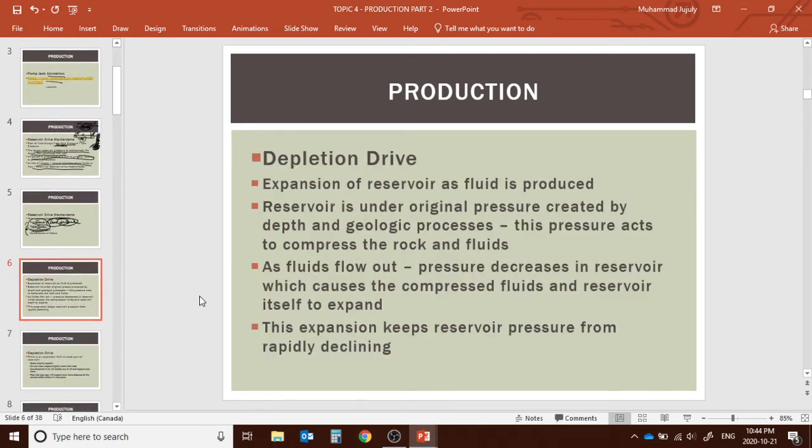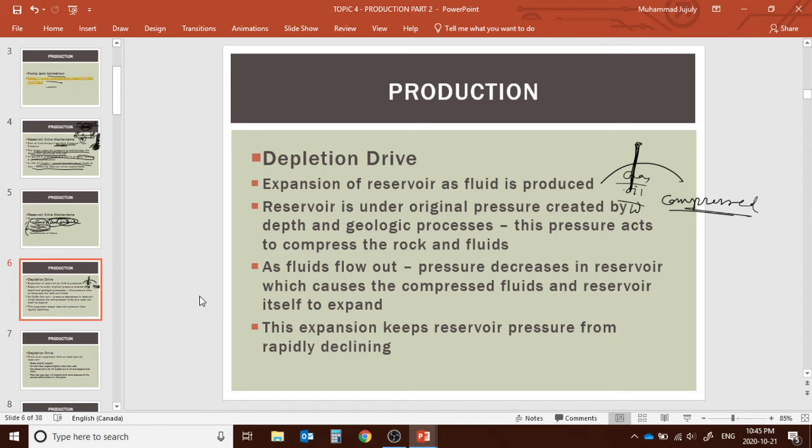So let's talk about the depletion drive. Just imagine you have the reservoir, with the gas, the oil, and the water. Then you dig the hole. What happens? This natural gas and oil are in a very compressed phase, right?